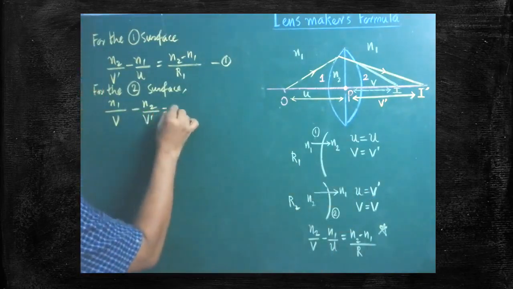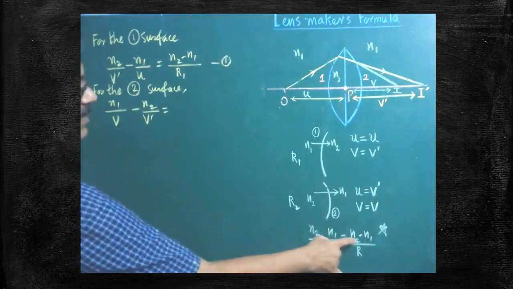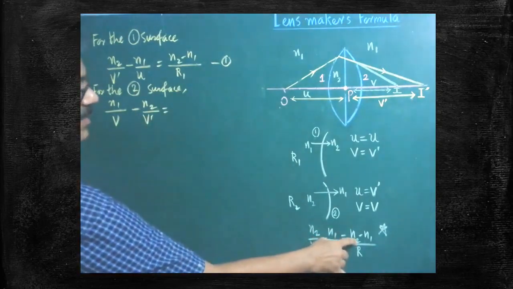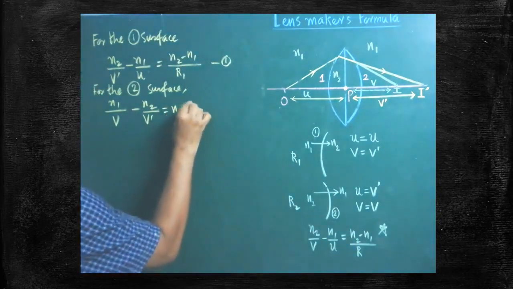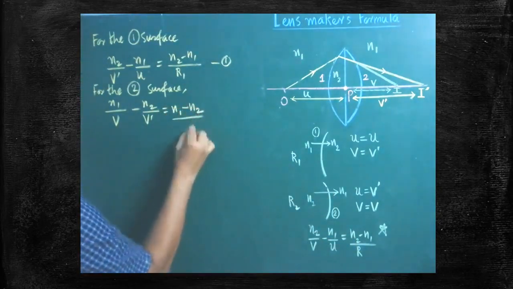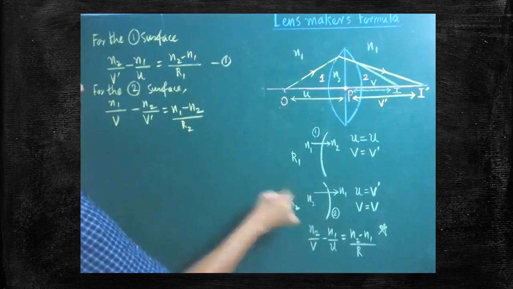Then N1 minus N2 divided by R2, where R2 is the radius of curvature of the second surface.